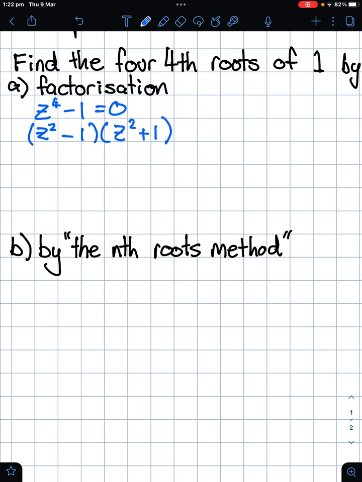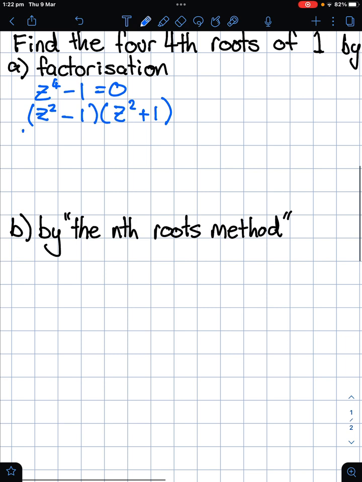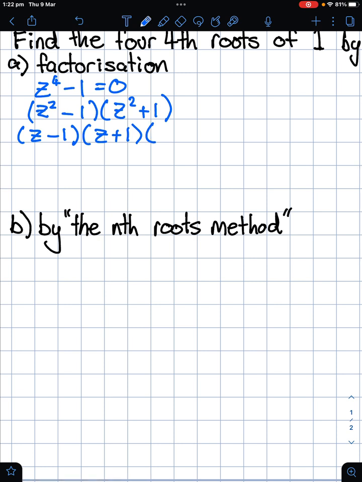All right, the solution for this top one here will be z minus 1, z plus 1, which we've got there. And then our other solution here, for this to equal plus 1, we're going to be looking at z minus i and then z plus i, knowing that when we factorize this as difference of 2 squares, we're going to get minus i squared, which equals z squared plus 1.